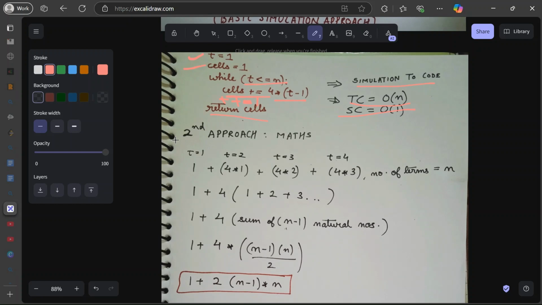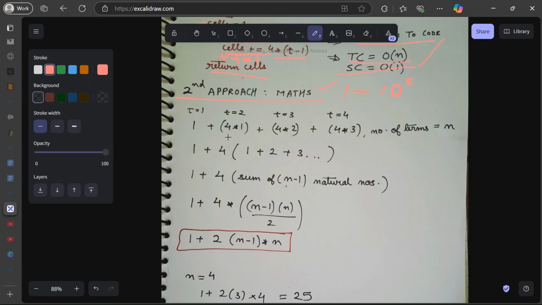Now let's go on to the second approach. We can even better the time complexity from O of n to O of 1. In this case, we have the constraint as n value ranges up to 10 power 5, 1 to 10 power 5. So this solution will also work, but let's see an optimization using maths as our second approach.